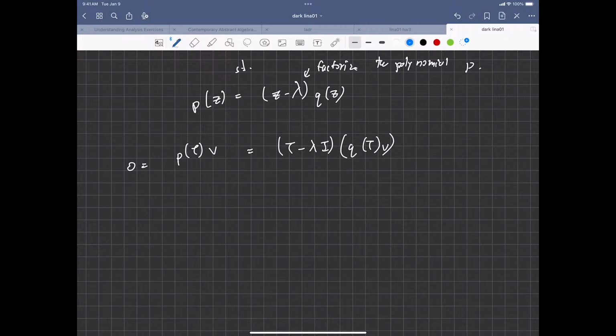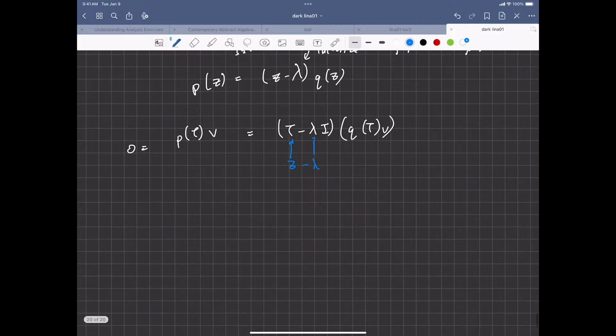If we substitute what this P of T is doing, you can think of this as your Z, and this is just Z minus lambda. The I doesn't really do anything. So Z is this guy, and lambda is just this guy.